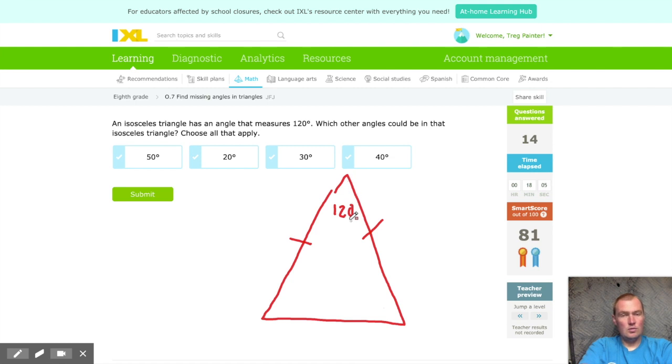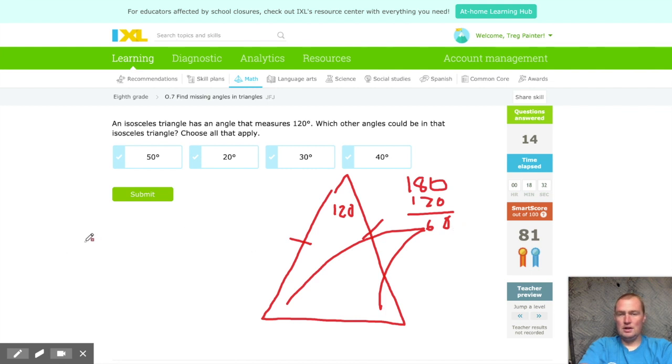So 120 subtracted from 180 leaves us with 100, not 100, let's see. 180 minus 120. Oh, it's 60. Yeah, so leaves us with 60. I like that 8 and 2. That helps me out. But because 60 has to go here, and 60 degrees has to go here, we have to divide that by 2, because that's them two added up.